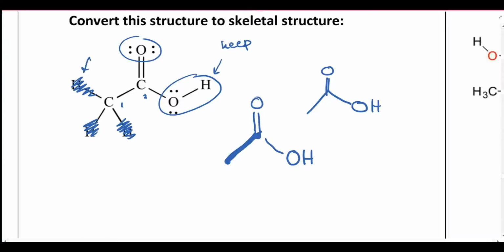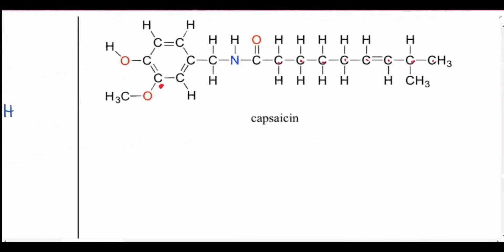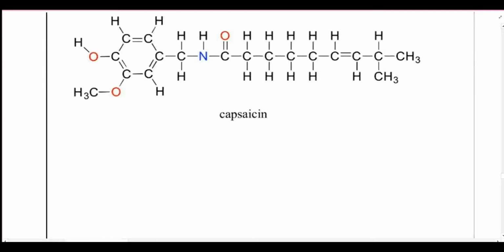So let's do the second example, which is this one. This is capsaicin. This is the molecule that is responsible for the spiciness if you eat any chili. So what I want you to do is pause the video and try to draw the skeletal structure of this molecule. Sorry, not the Lewis diagram, the skeletal structure. Remember, we're going to eliminate the hydrogens and represent the carbons with kinks and edges.